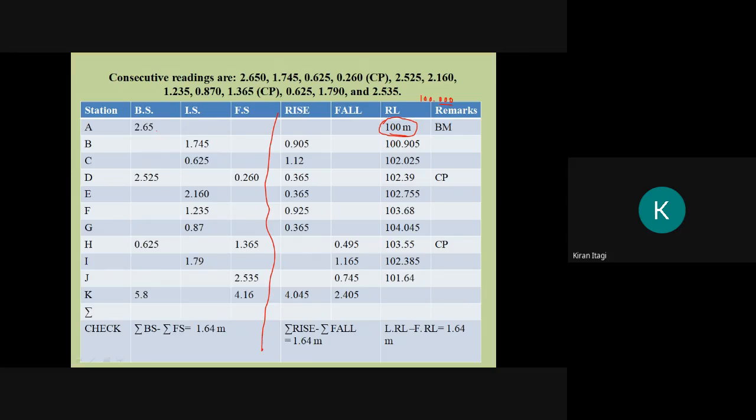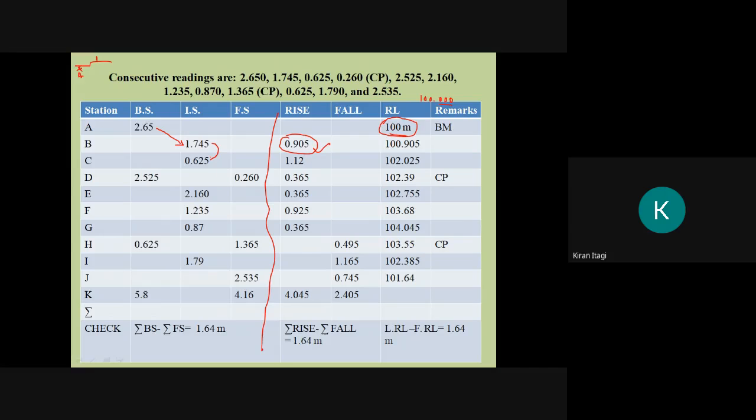In rise and fall method, what we should do? Previous minus preceding. That is 2.65 minus 1.745. We have got positive, so we will write it in the rising column. Means you have kept the instrument at station A and the ground is a little bit higher. Okay, so we will write it in the rise column.